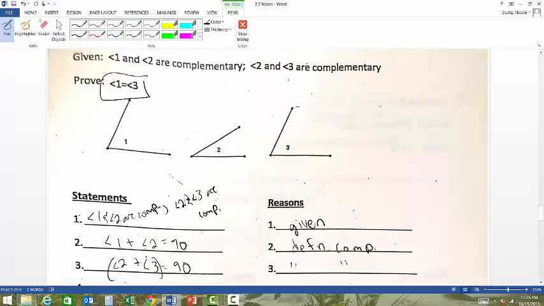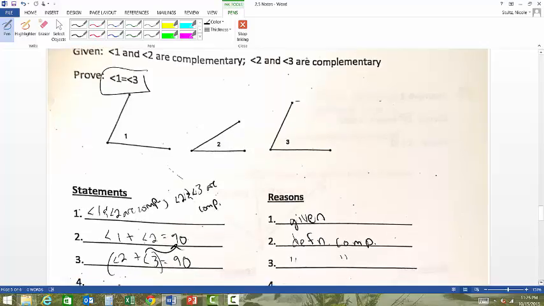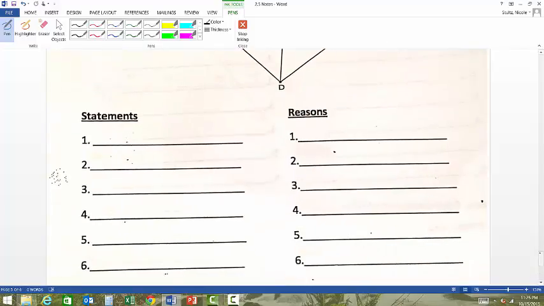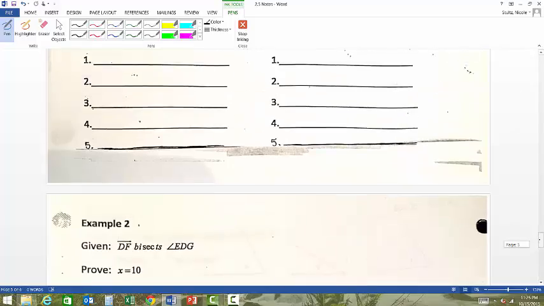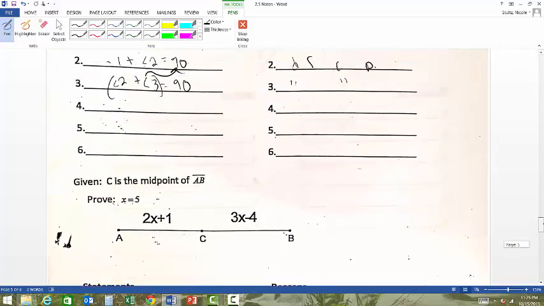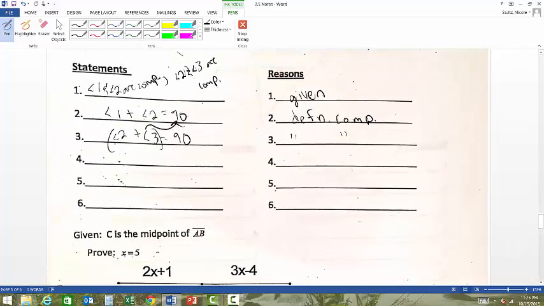Just like before, here we go. We're going to plug in this expression for 90. Should be getting used to this by now. We're going to write angle 1 plus angle 2 equals angle 2 plus angle 3.